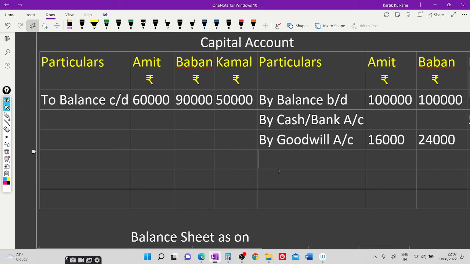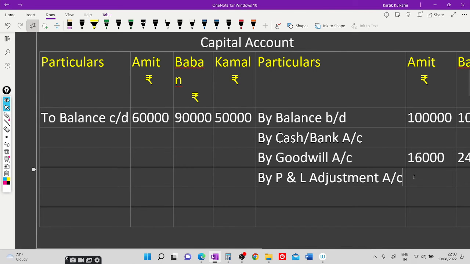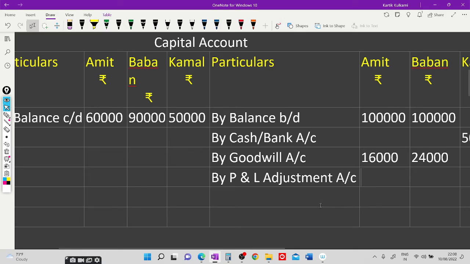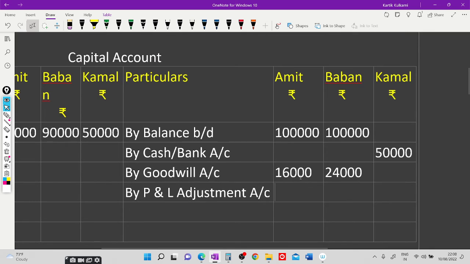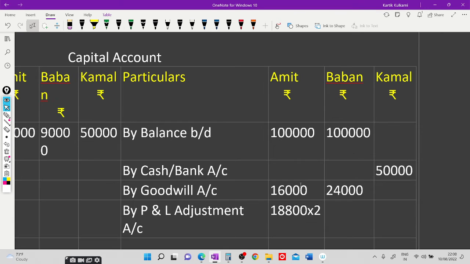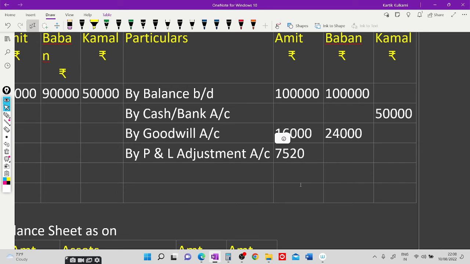So we will credit the capital account by profit and loss adjustment account. So we will calculate the amount. 18,800 we have got the profit. So in the capital account I will be calculating 18,800 multiplied by what is the old ratio. It is 2:3, so it will be 2/5. So it is 7,520.